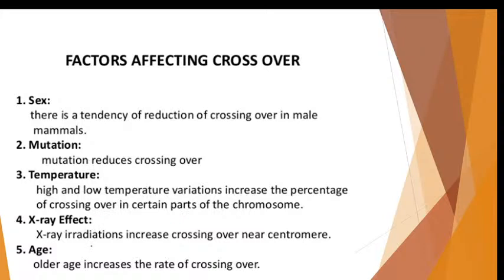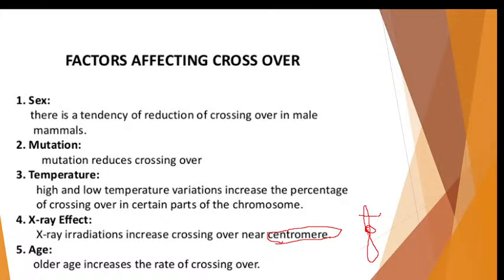Next, X-ray effect or X-ray irradiation will increase the crossover near the centromere. And about the centromere, the one thing we have to keep in mind is that near the centromere, the chance of crossing over is very less.